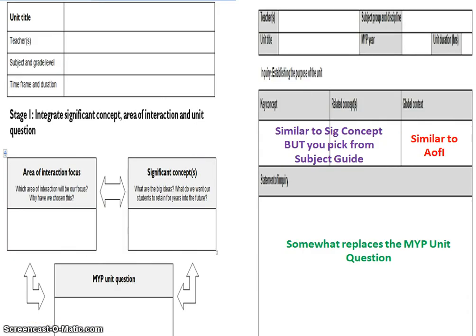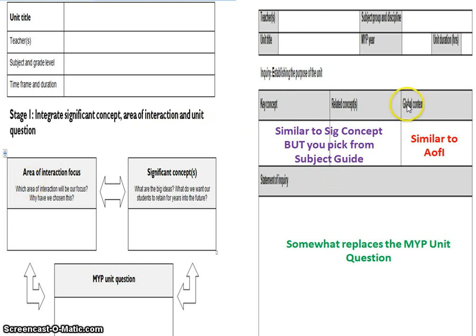So if we compare this, the key and related concepts are very similar to the significant concept of the old planner. However, the key concept and the related concept you can get straight out of the subject guide. The global contexts, there's 6 of them now, are very similar to the areas of interaction.